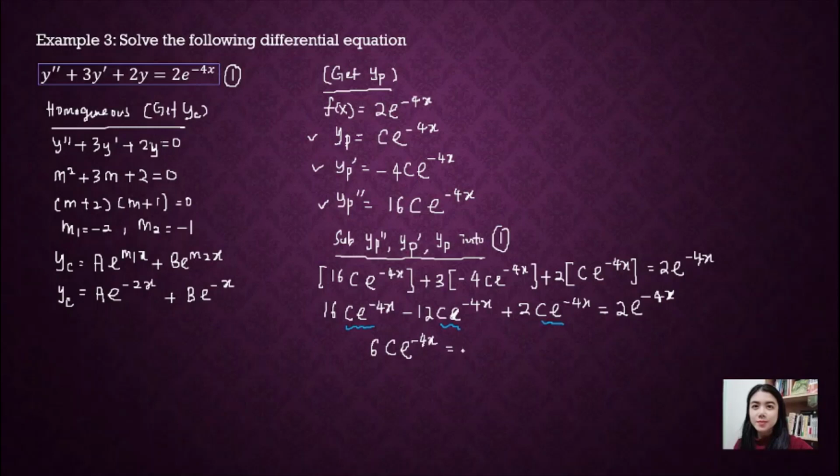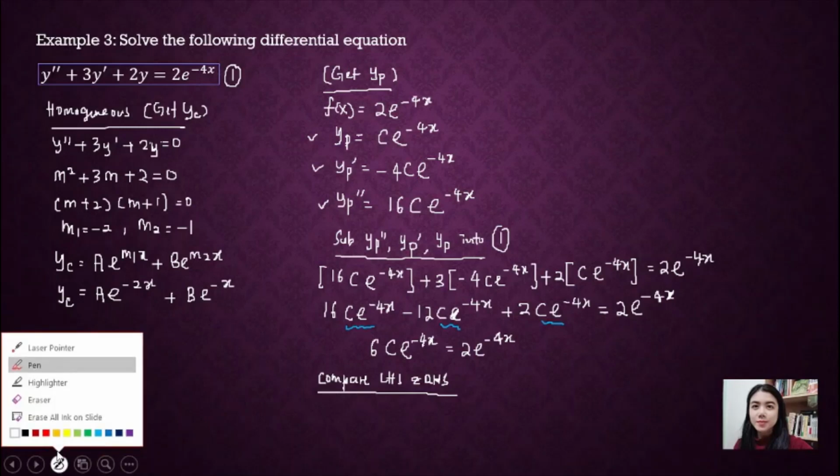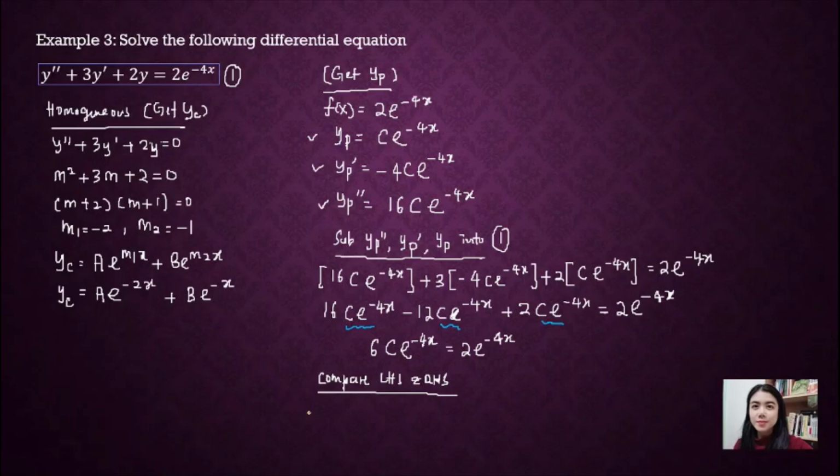For the right hand side, we just have to rewrite it back, so we have 2e to the negative 4x. Now let's compare the left hand side and right hand side. We are comparing the e to the minus 4x.